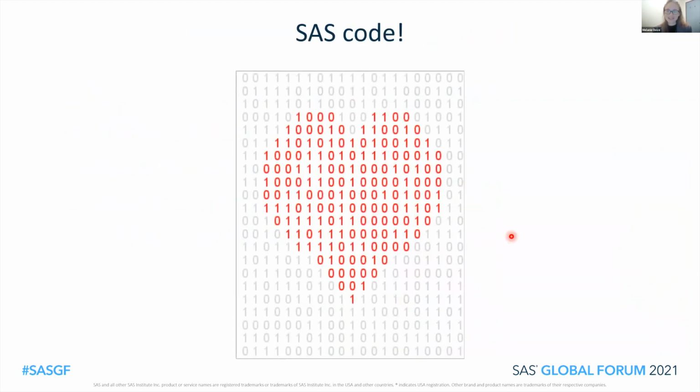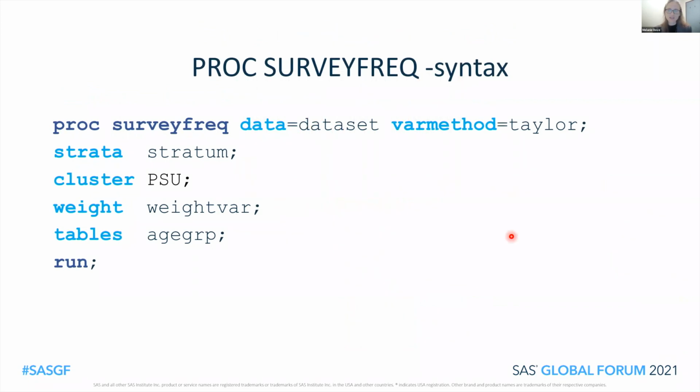So now we'll get into the SAS code. This is the general syntax for the PROC SURVEYFREQ procedure. We use the statement PROC SURVEYFREQ, we specify our data set, and then we specify the variance method. In this case, we're specifying the Taylor variance method, which is the default.